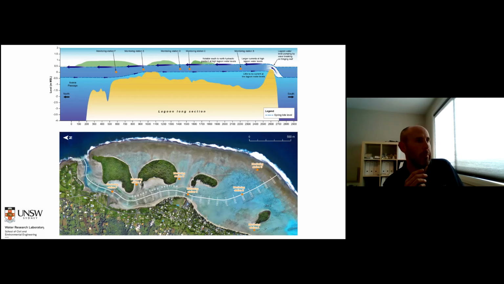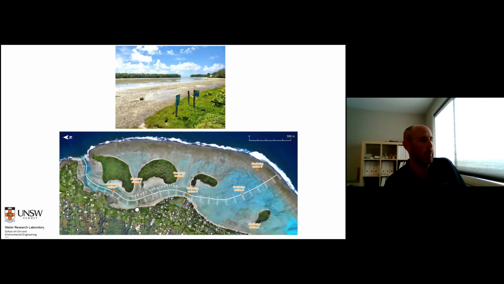What became interesting for us was to understand the interaction between the bathymetry of the lagoon and why that was happening. What we found was that the lagoon not draining at low tide was linked largely with this section of the lagoon here, in the middle area, where there's a really shallow ridge across the lagoon.